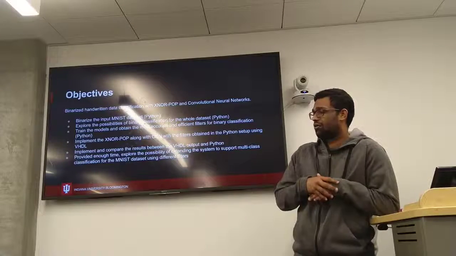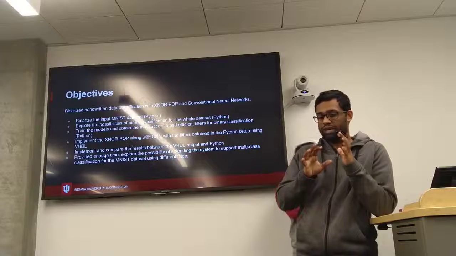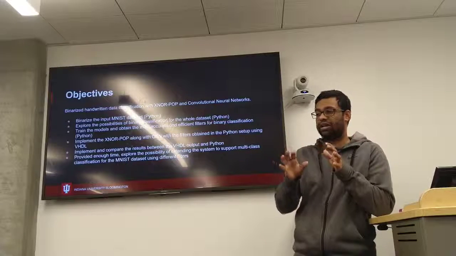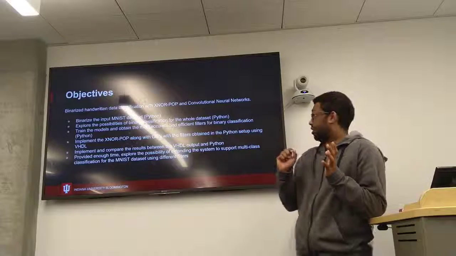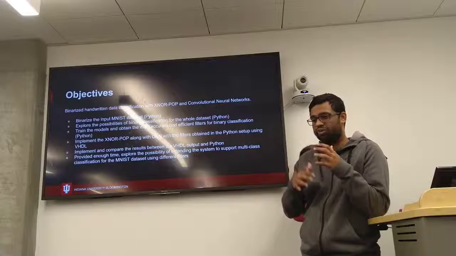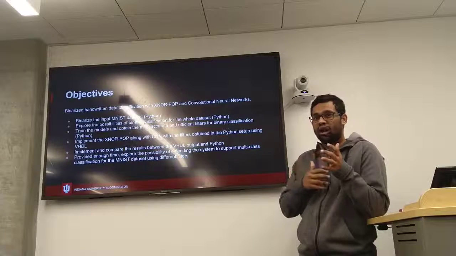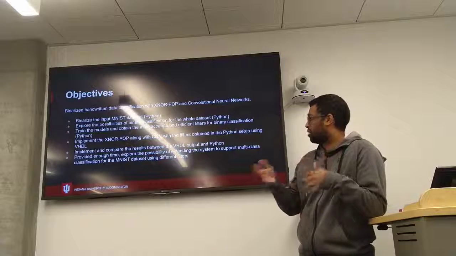First, we are looking at binarizing the whole thing: the images, the filters, and the whole neural network. For the binarization, we'll be looking at different types of binarization and evaluating how that would affect the output result.